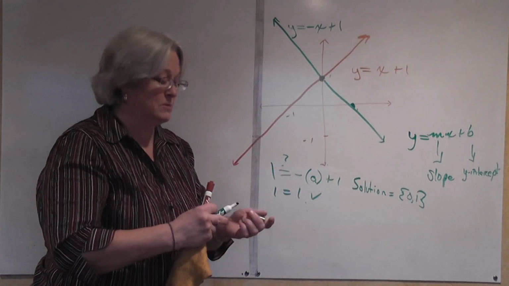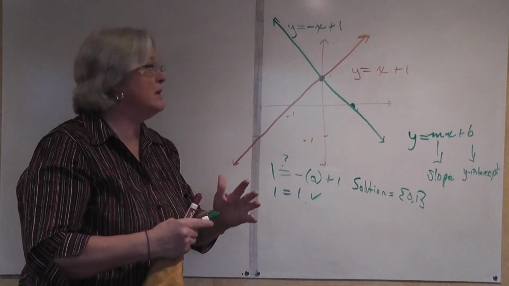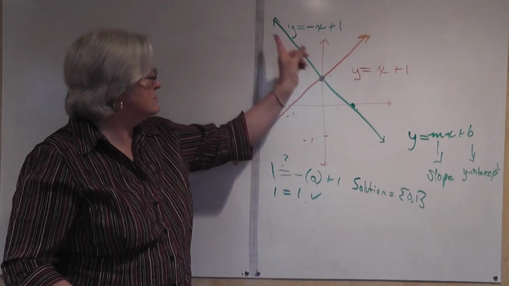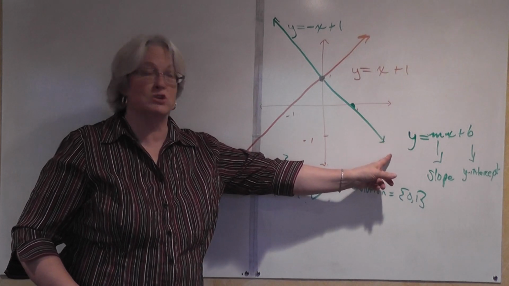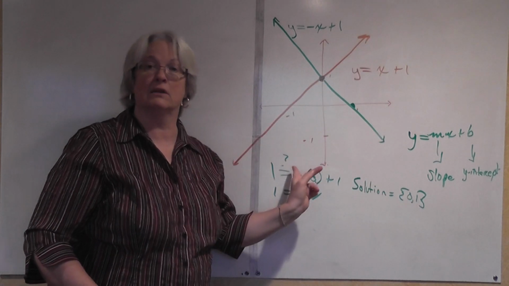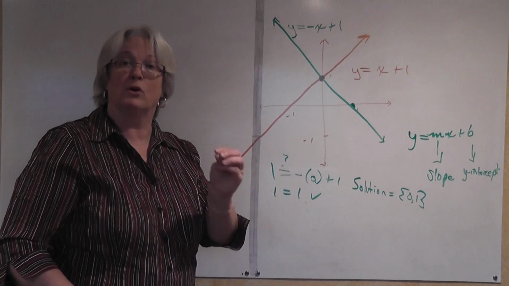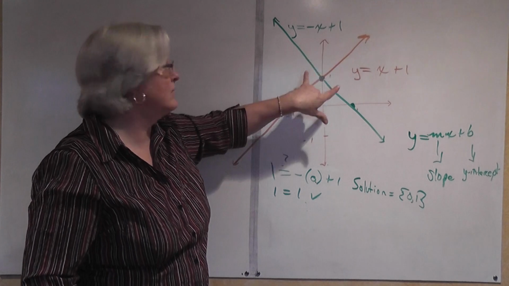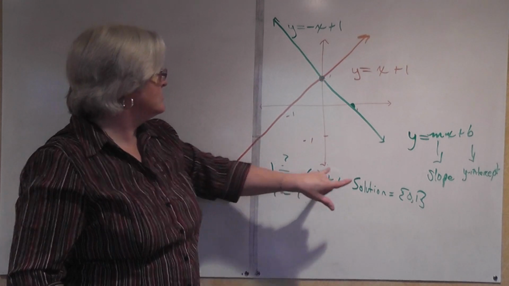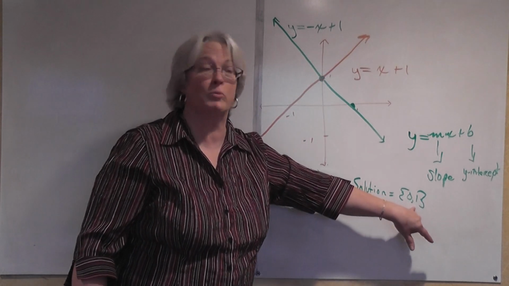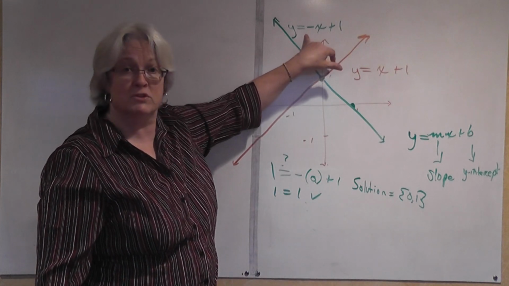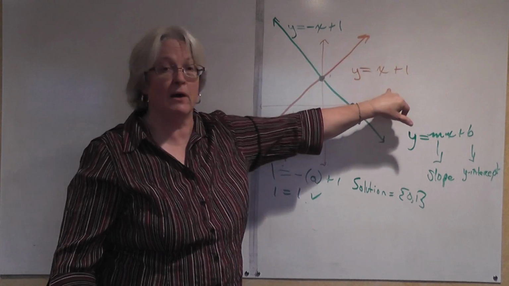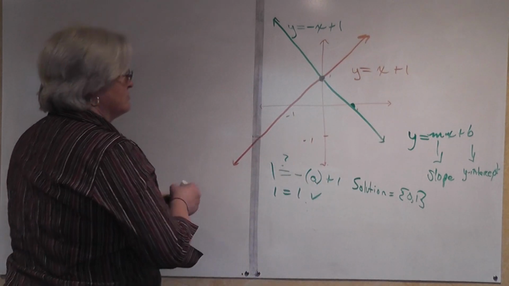But in order for this to be simultaneous equations, the solution to a system of equations, it has to be a solution to the first equation and to the second equation simultaneously, or at the same time. And that's what we're talking about when we look for this point of intersection right here. So, if we have our ordered pair that makes this first equation a true statement, now we see if it's going to make the second equation a true statement.